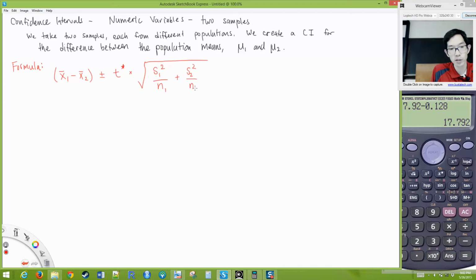Slightly ugly formula. There's nothing we can do about that. Degrees of freedom is equal to n minus 1 using the smaller of n1 and n2.